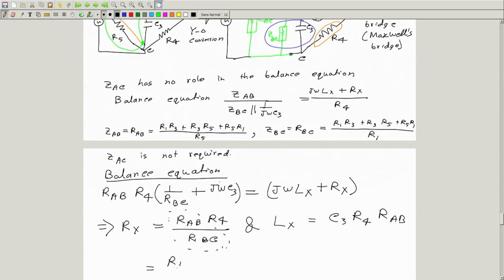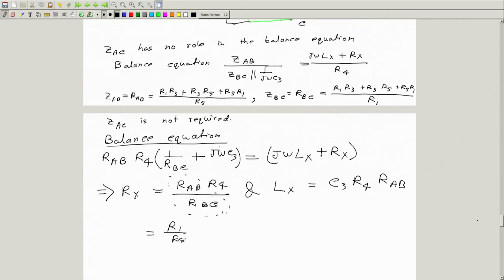So R1 by R5, multiplied by R4, this is Rx.